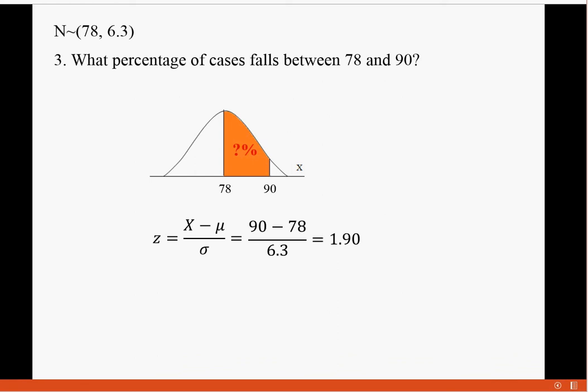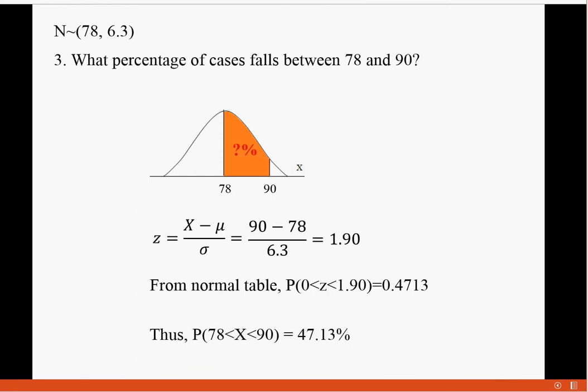So we look at the normal distribution table. We determine that the probability for a z-score falling between the mean 0 and 1.90 is 0.4713. Okay. So we know that the corresponding percentage for x between the mean and 90 is also 47.13%.